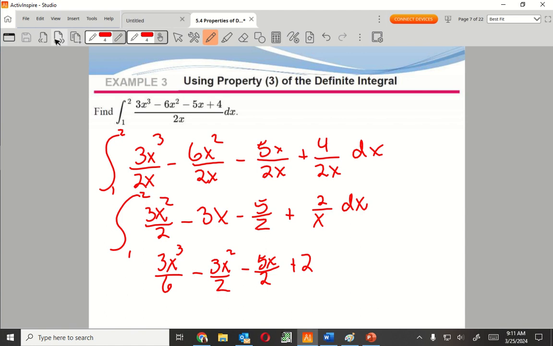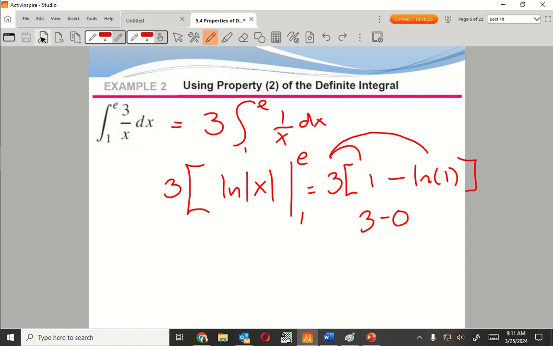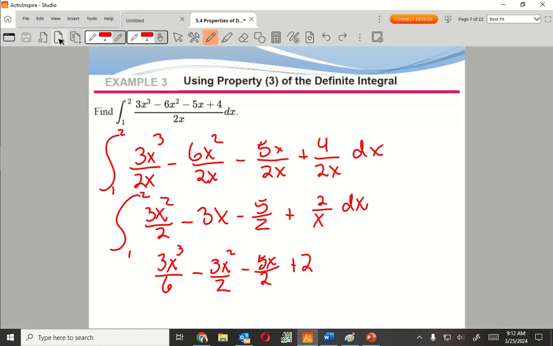What's the integration if it's on the bottom? Oh, ln x. It's ln x. ln absolute value x. Okay, and that's going to be my bar from 1 to 2.